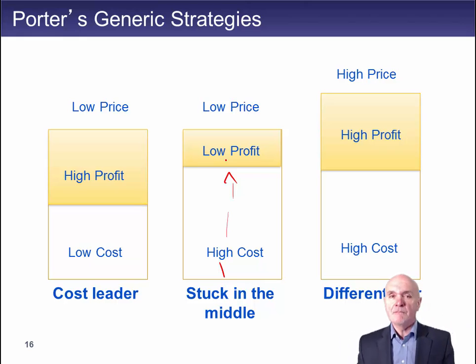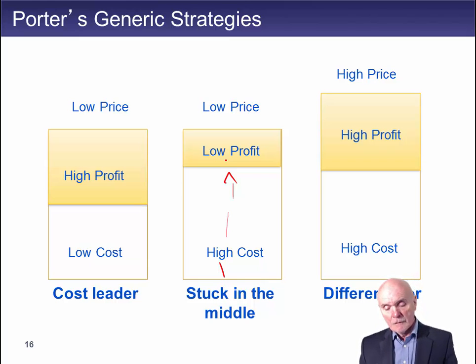And Porter would say there's no sustainable future for you there because these profits are so small. First of all, it'll probably irritate your shareholders. They won't want to give you any more capital. But secondly, where are you going to get the money to market well? Where are you going to get the money to put into research and development to develop new products and to keep up with or ahead of the competition?